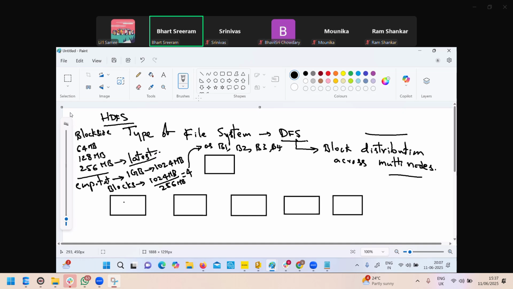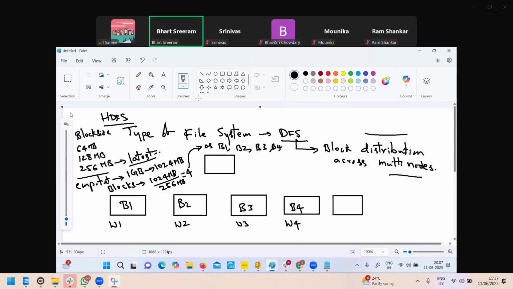Block 1 is stored in worker 1. Block 2 is stored in another node, maybe worker 2 or worker 3. The master decides which block is stored in which worker. For easy understanding, let's make it a sequence: block 3 in worker 3, block 4 in worker 4.